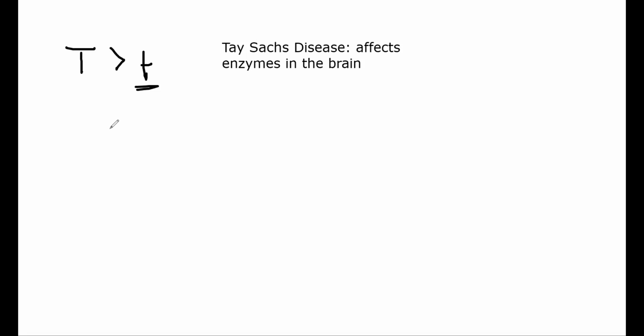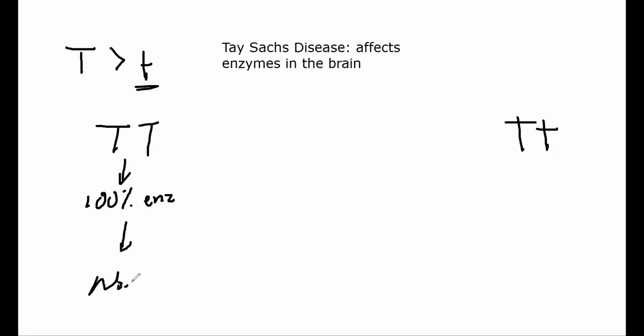If you're homozygous dominant or homozygous recessive, that's pretty easy. If you're homozygous dominant, that means you make all the functioning enzyme and you have normal health. You don't have Tay-Sachs.